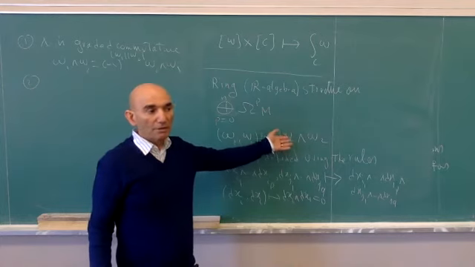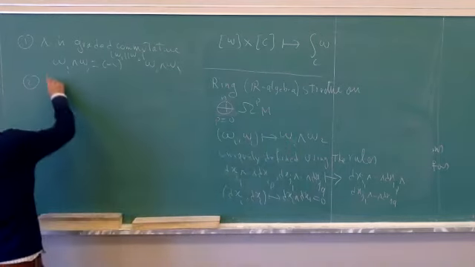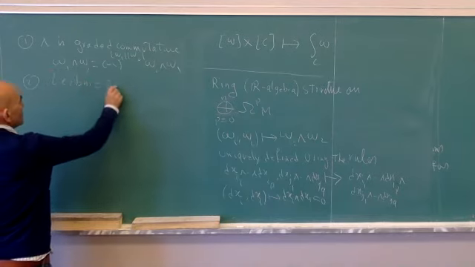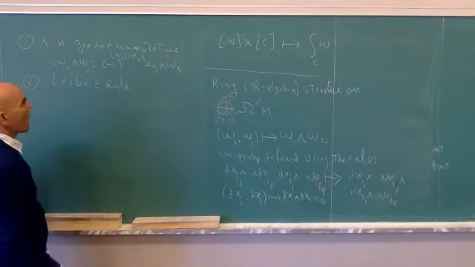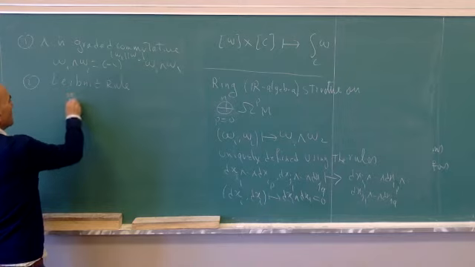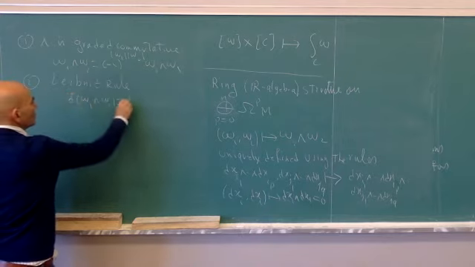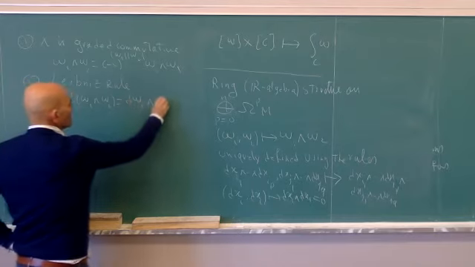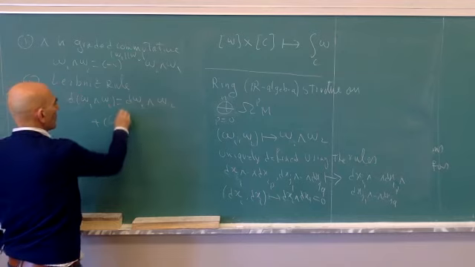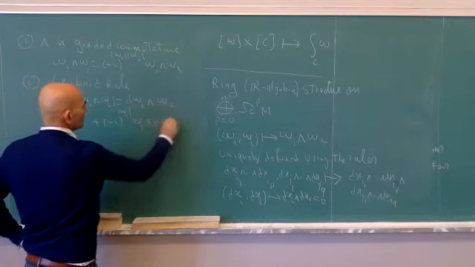And in fact, there is a generalization of the Leibniz rule of calculus. So the Leibniz rule is true in this case: d of omega 1 wedge omega 2 is equal to d omega 1 wedge omega 2 plus (-1) to the degree of omega 1 times omega 1 wedge d omega 2.